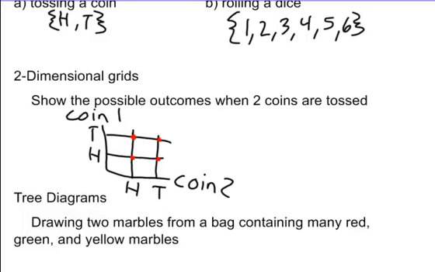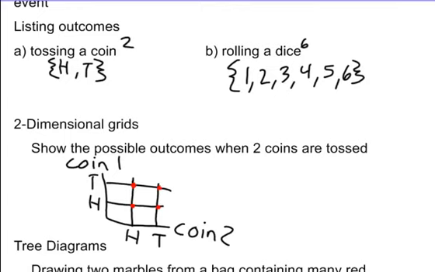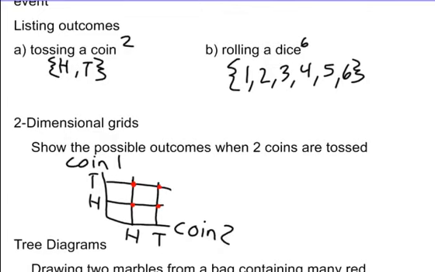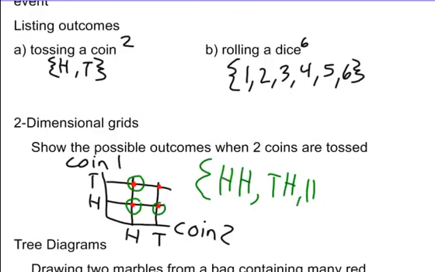Now, each of those points represented on a grid represents a different type of outcome. So if we want to go back to our first one, where we listed it, we have our heads heads, we have our tails heads, we have our heads tails, and we have our tails tails.